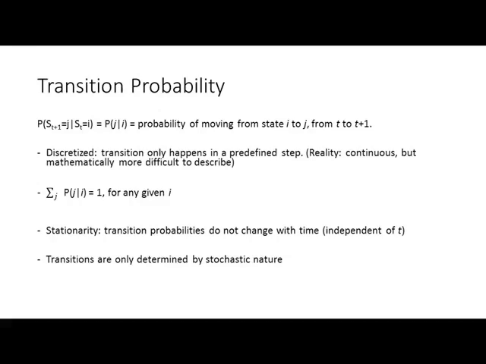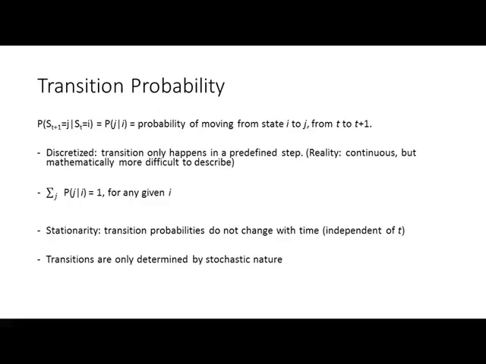What's happening in reality is oftentimes continuous, but continuous transitions are much more difficult to describe mathematically. So as long as the time step from t to t+1 is small enough, discretized transition probability will approximate continuous transition probability relatively well.